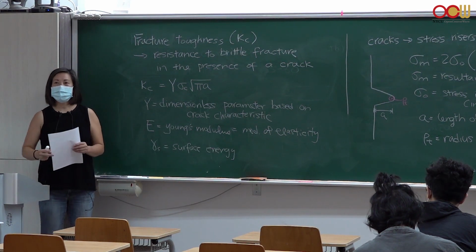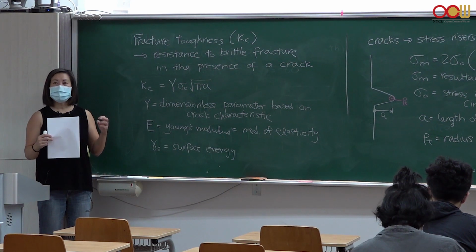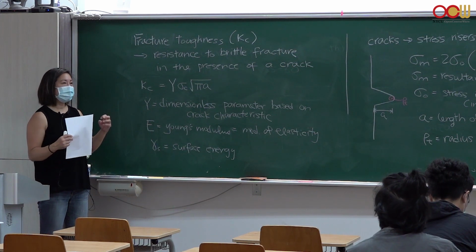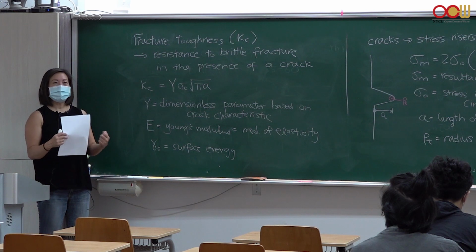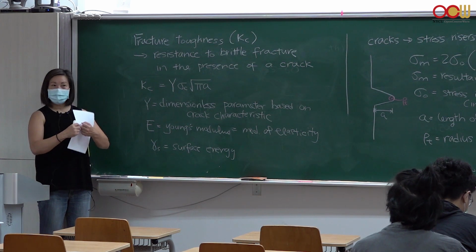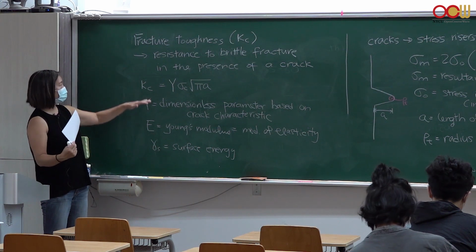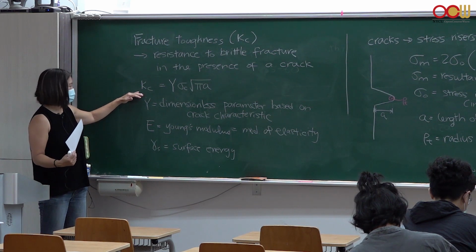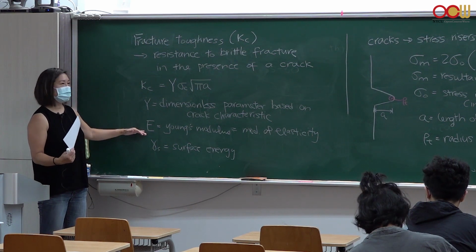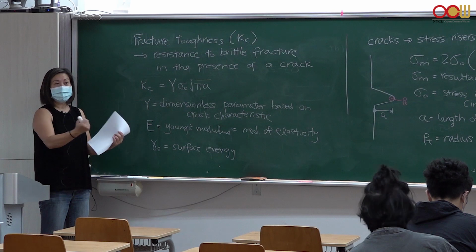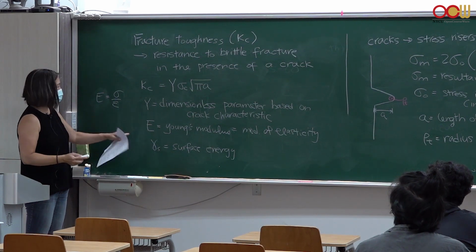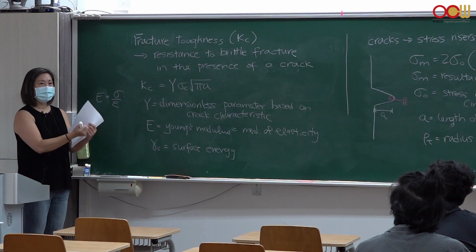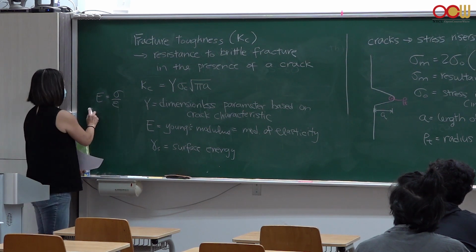Surface energy has to do with how strong the bonds are between atoms on the surface of a material. So obviously, the stronger the bonds on the surface, the harder it is to break the bonds, the higher the fracture toughness. Young's modulus has to do with stretching the bonds, right? Stress and strain relate to Young's modulus, so it has to do with the elastic region.